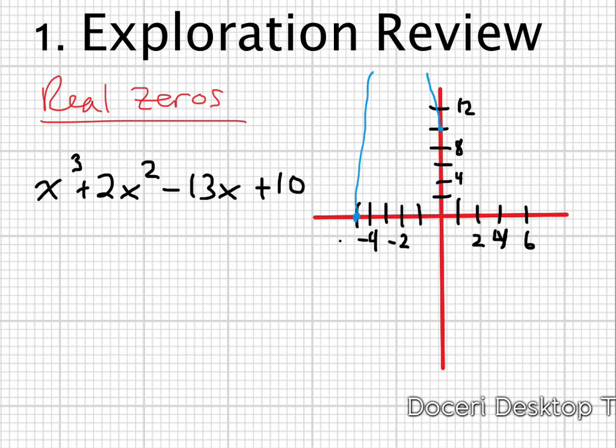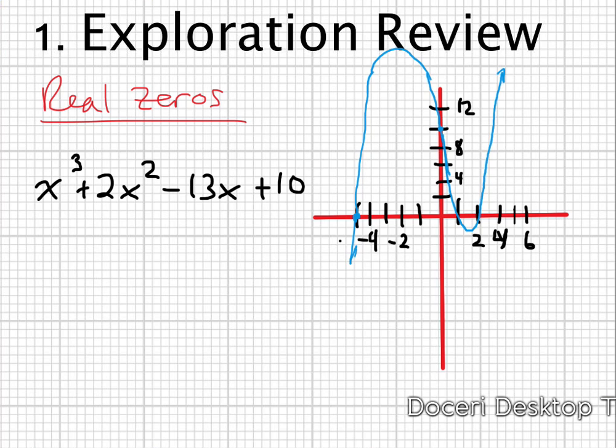So I'm going to pretend that it goes like this, way up high, and then it comes back down, and at 1, it goes like this, and then it comes back up. Okay, so there's my 5 there. I forgot to put my 5. So that's kind of what the graph of this looks like.